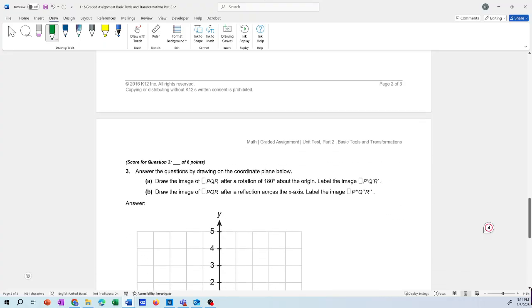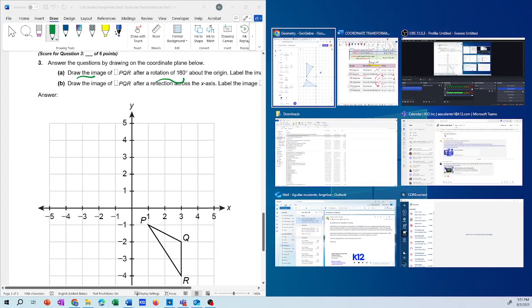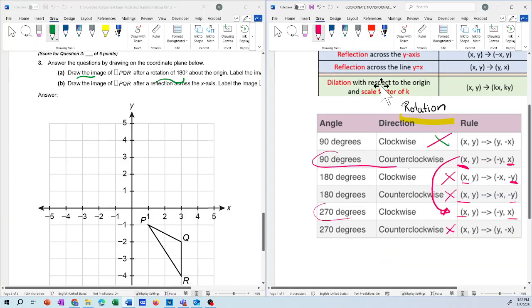And the last part, answer the questions by drawing on the coordinate plane below. So you have the figure, the triangle PQR. So you're going to draw the image, the copy with prime, after a rotation of 180 about the origin. So you're going to go back to your rules. Here you have them, right?